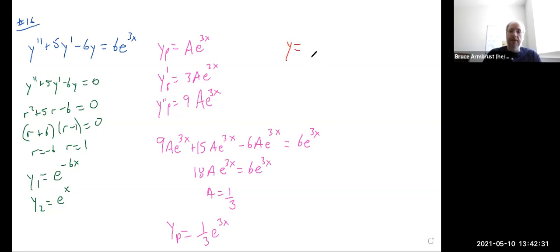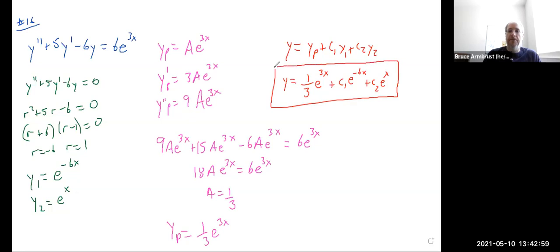So our answer is going to be always of the form yp plus c1y1 plus c2y2. So we're going to take our particular solution we just found, 1/3 e to the 3x, and then add to it linear combinations of our fundamental set. And there's your general solution to that differential equation.